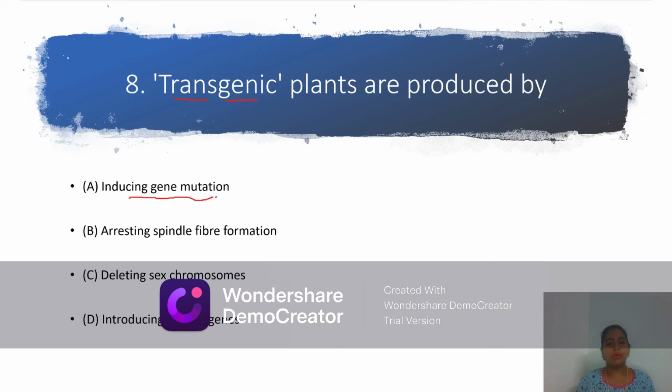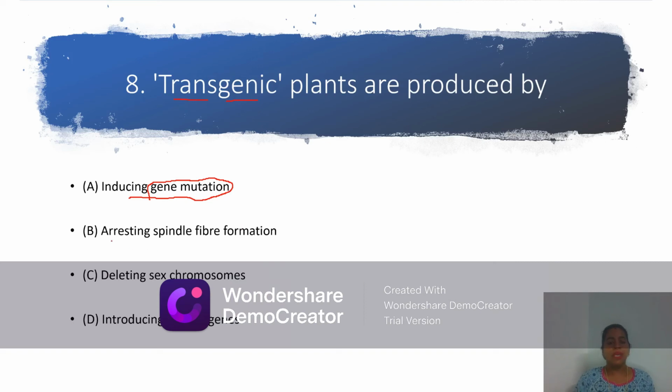Not anymore. If you are mutating the gene, we cannot guarantee the plant has the desired quality. It will change the characteristic features because of mutation, but whichever desired quality, we cannot say. So inducing gene mutation will not give transgenic plants.